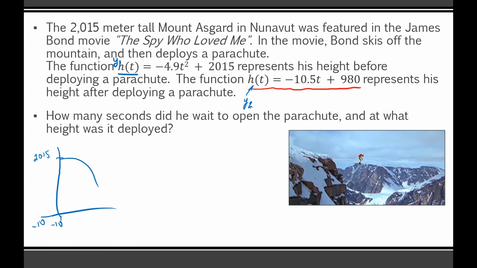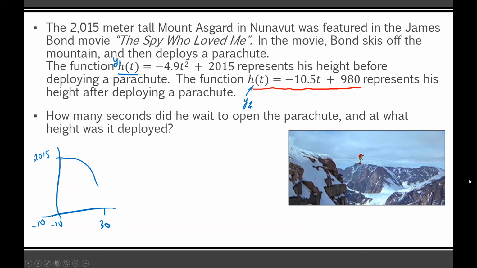If you're jumping off a mountain, roughly how many seconds do you think it would likely take for you to hit the ground? I would be surprised if it was anything more than 30 seconds. So I think a good x max here might be 30. I might be wrong on this one. Let's see. I'm not wrong, but anyway.